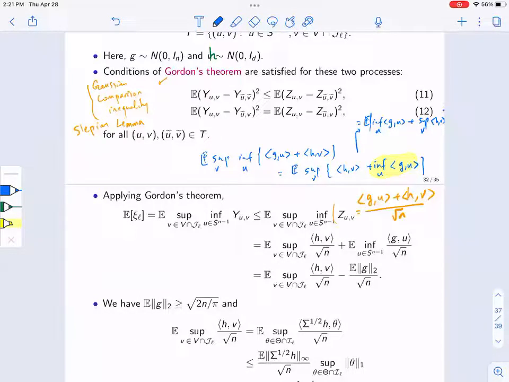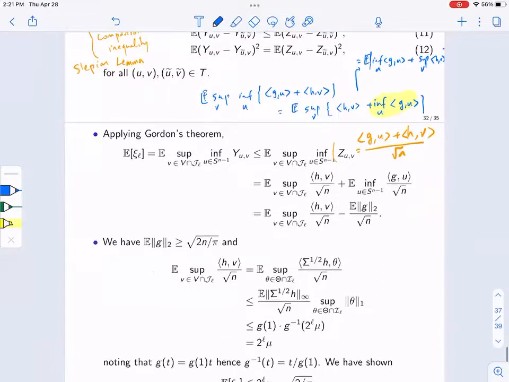So why is this true? U has to point in the opposite direction of G, so minus G. Is that what you were saying? Oh, yeah, I was just going to say inf f equals minus sup of f. Okay, so both are good.